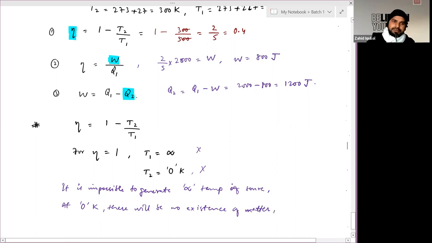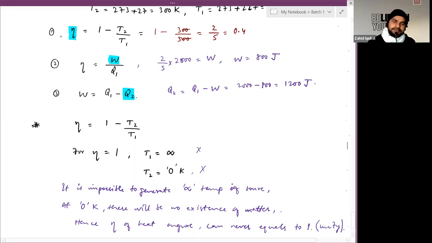So it can't be possible. Hence, efficiency of heat engine can never equal unity. Just write it down.